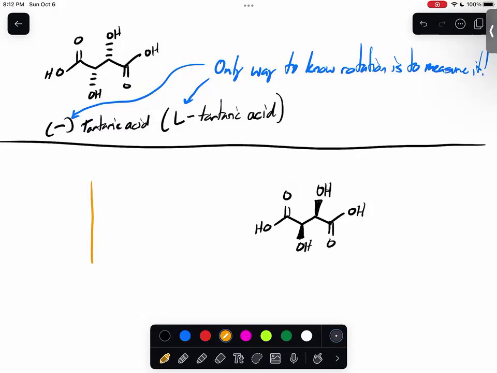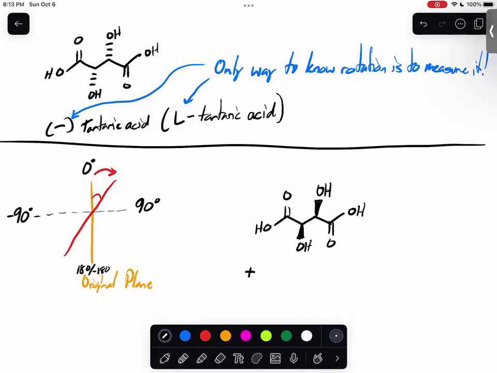So if this is our original plane of light, and it rotates the light to the right, it should end up with that red line right there being our rotation. The axes are the same as in our previous example, but notice in this one, the light is being rotated towards the positive 90 degrees. That means it is going towards the plus side, which is why we could also call this plus tartaric acid.